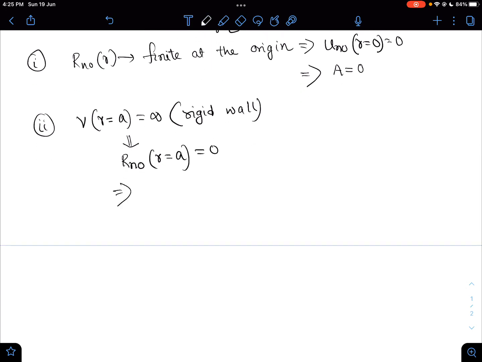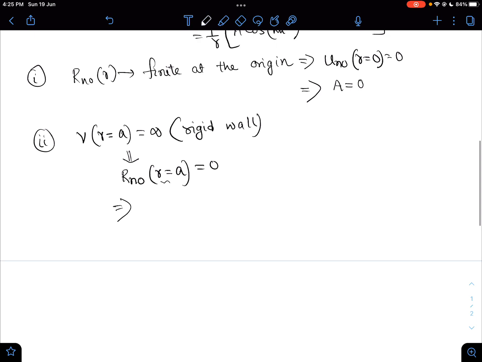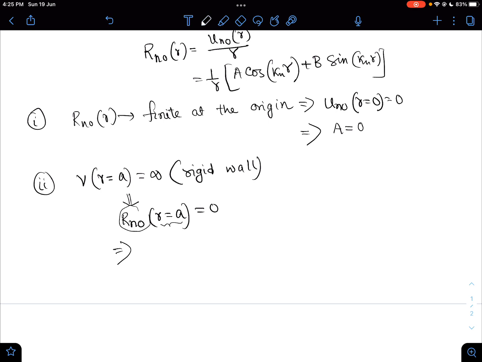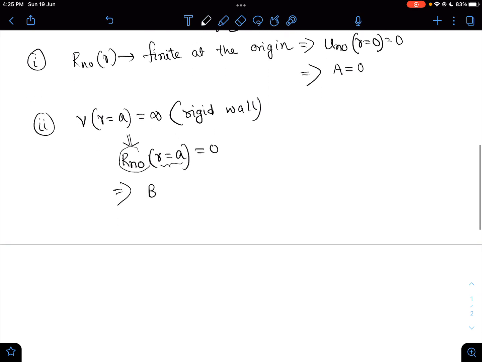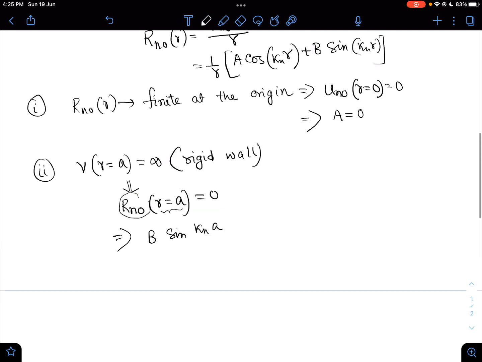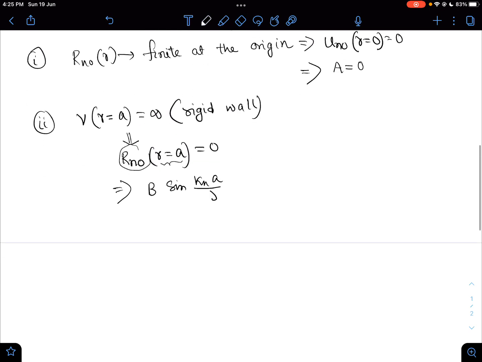If the radial wave function at r equal to a should vanish, then we get b sin k_n a divided by a, which should be 0.